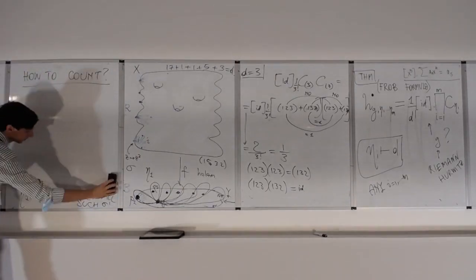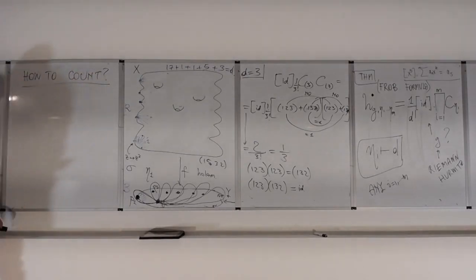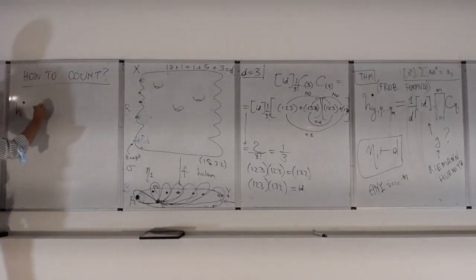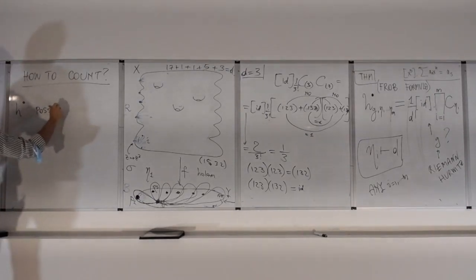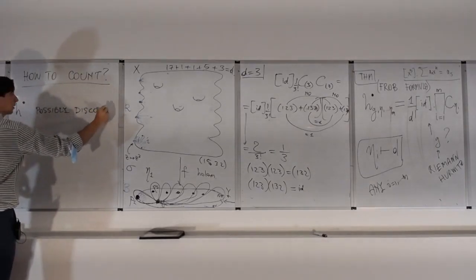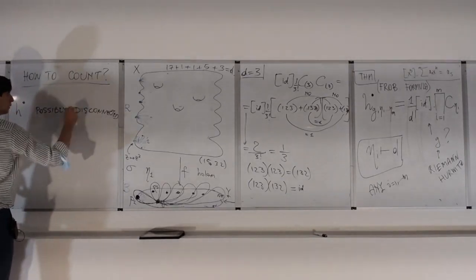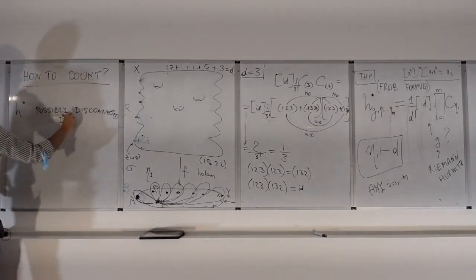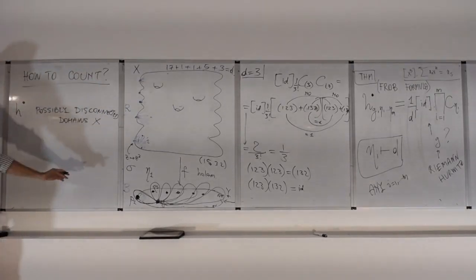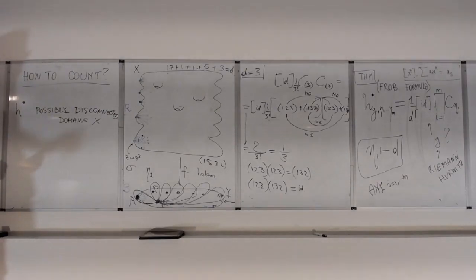So these ones are possibly disconnected domains X, so the surface upstairs. The surface downstairs is always P1, so there is no ambiguity about it.